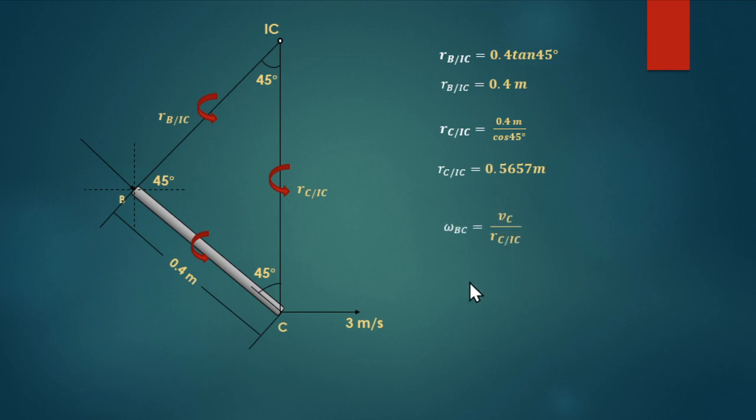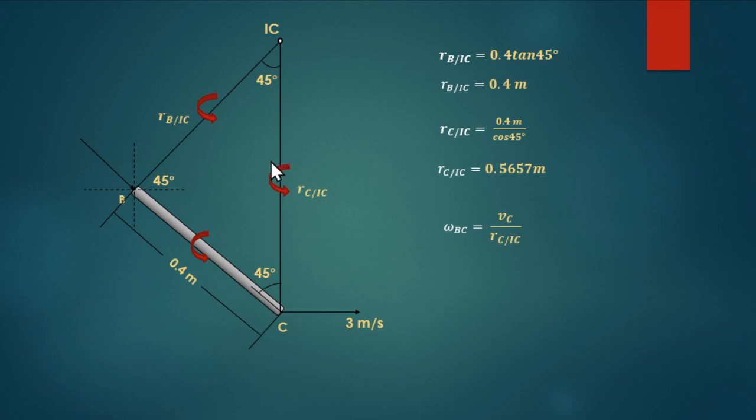By using the formula of velocity in relation with the rotational motion, VC is equal to omega BC times RCIC. So we can get the rotational motion.